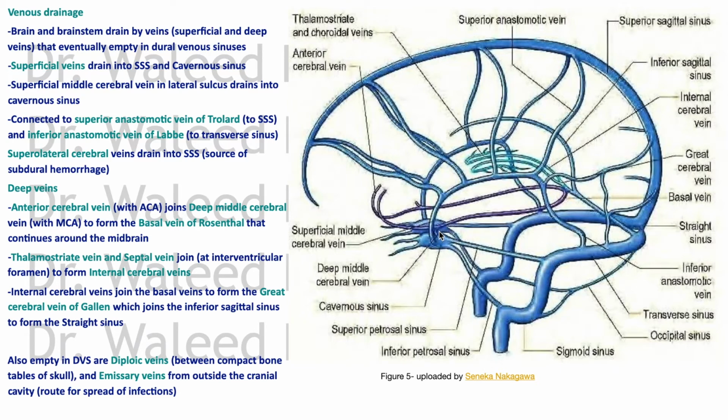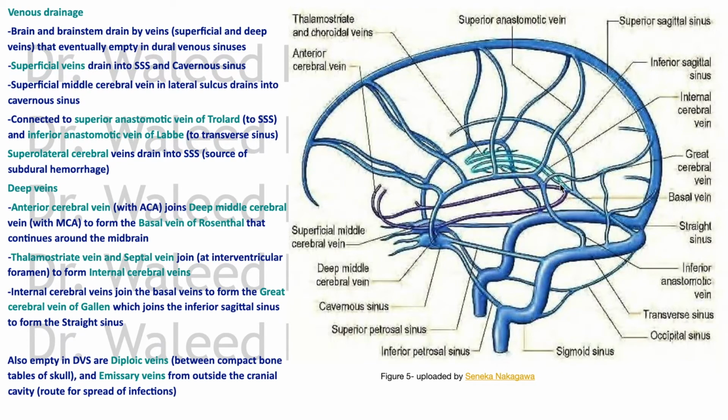This is part of it, and they form the basal vein of Rosenthal. This vein, the basal vein of Rosenthal. And another set of veins like the thalamostriate vein and septal veins unite to form the internal cerebral vein on each side. See, this is the internal cerebral vein.